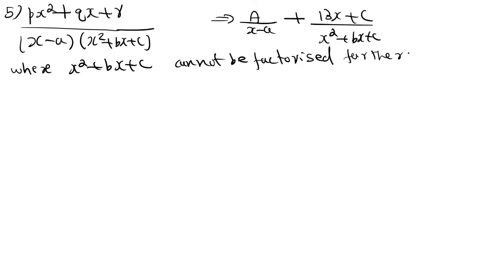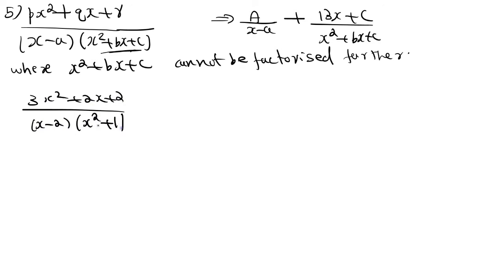And the last form is (px square plus qx plus r) divided by (x minus a) into (x square plus bx plus c), where x square plus bx plus c cannot be factorized further. Okay, then what you have to write? A by (x minus a) plus (bx plus c) by (x square plus bx plus c). That is, suppose (3x square plus 2x plus 2) divided by (x minus 2) into (x square plus 1) is there.